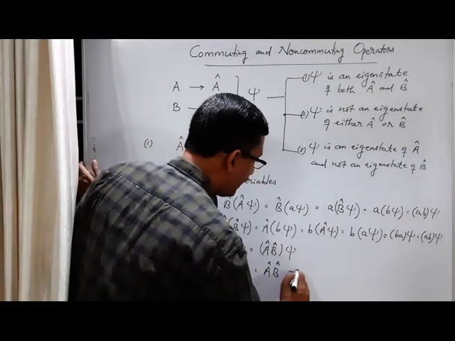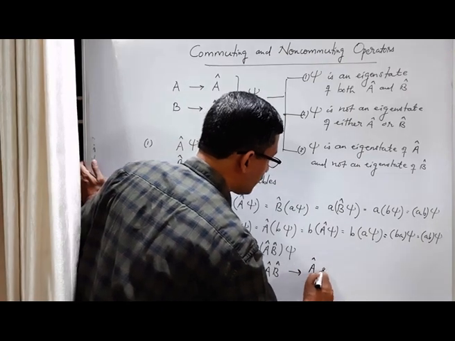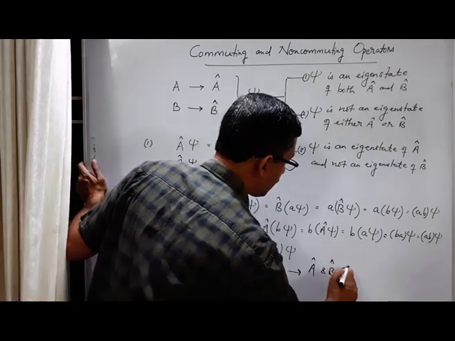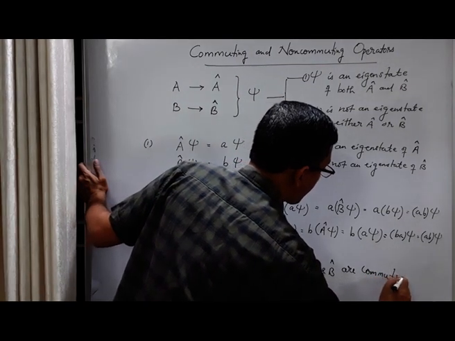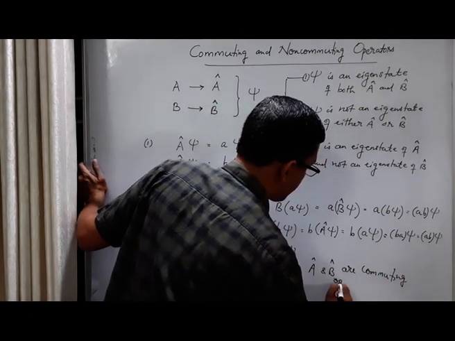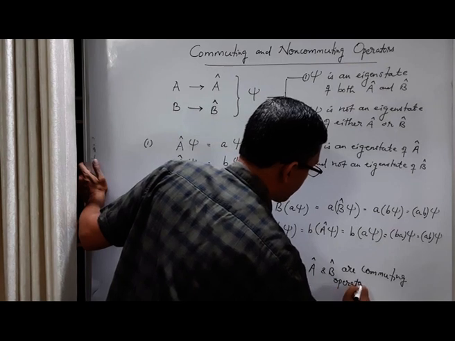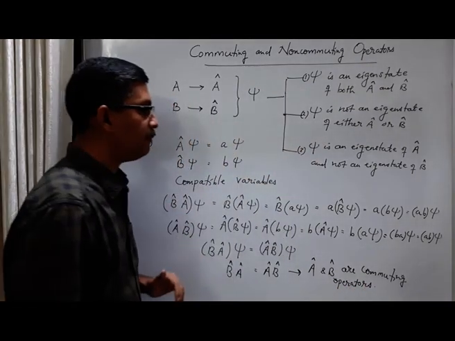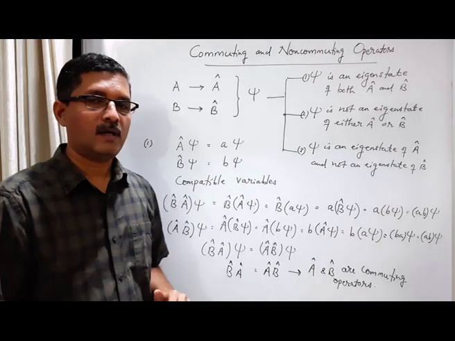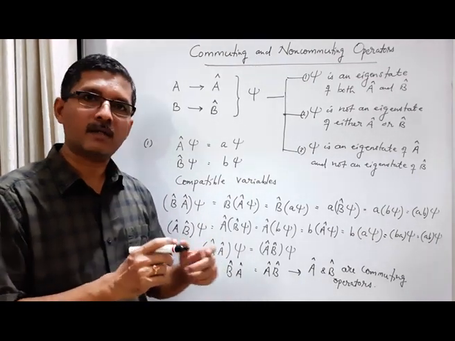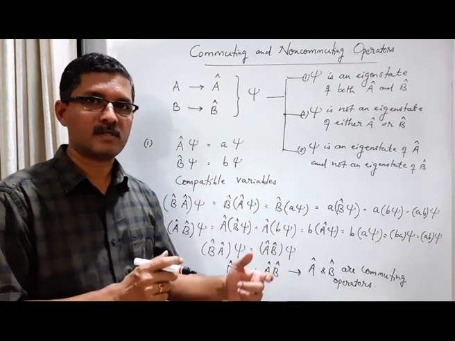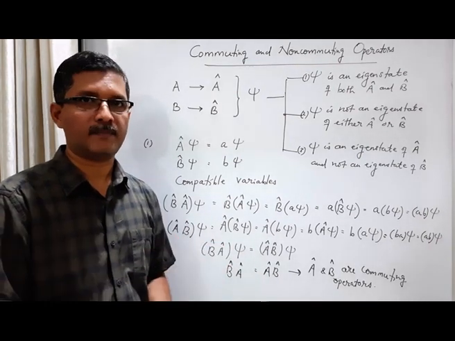In other words, A and B are commuting operators. What is meant by commuting operators? Even if you change the order in which they act on a state, the result is the same.